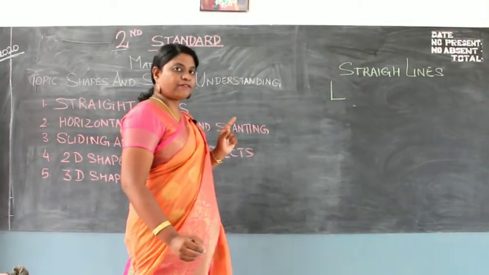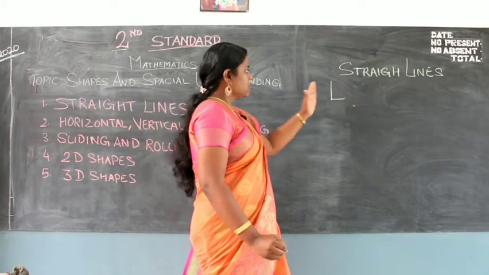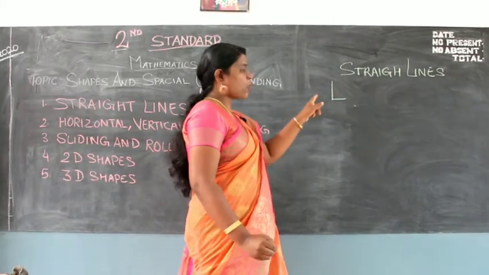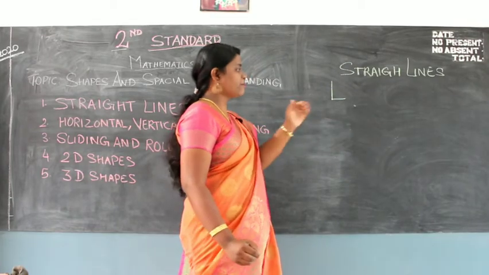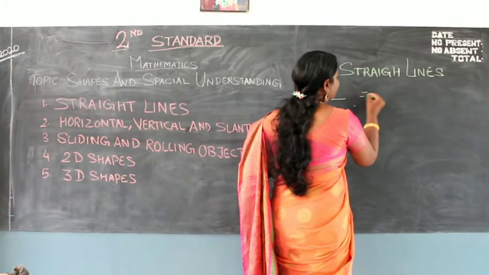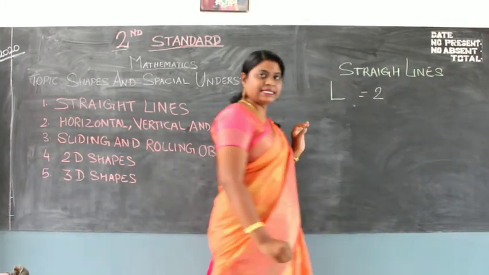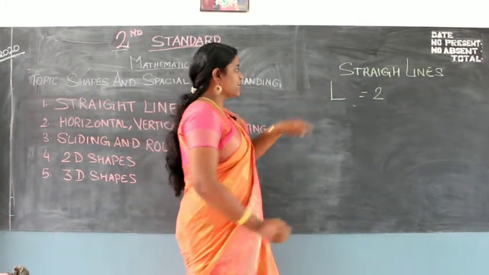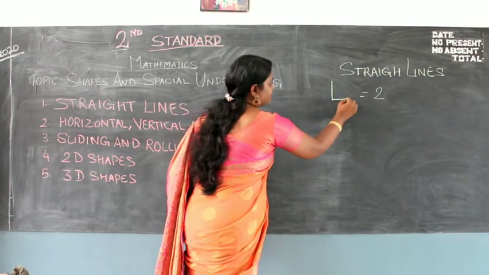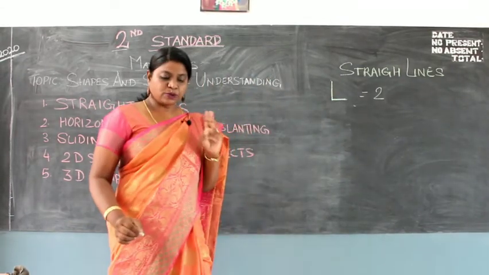Because this is one alphabet which has 2 lines. See, this is one straight line, this is the other. If I ask you how many straight lines are there in the alphabet L, immediately I know you all will be screaming that there are 2 straight lines, isn't it? One is standing straight like this and the other one is lying like this, right? There are 2 straight lines.